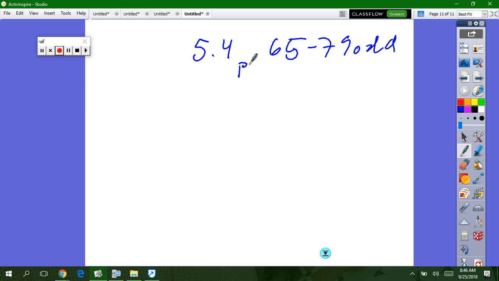This, by the way, is on page 442. And yes, Brittany, that's back in the review area.